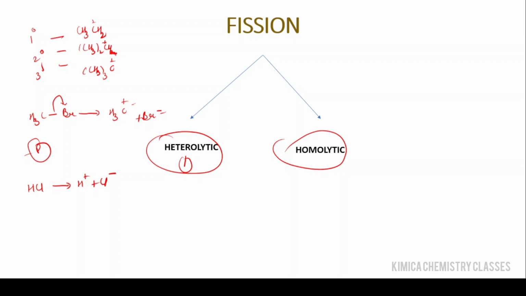So single electron movement can be shown in homolytic cleavage by a fish hook, like this, right? Fish hook curved arrow. Such cleavage results in the formation of a neutral species which contains an unpaired electron. These species are called the free radical. So a homolytic cleavage can be shown like this.